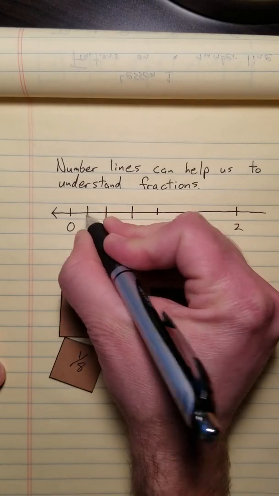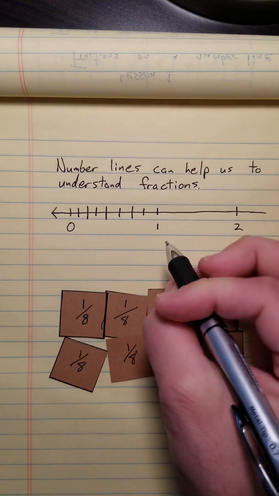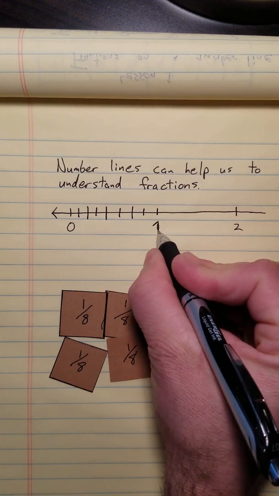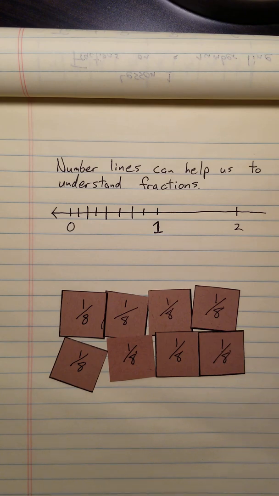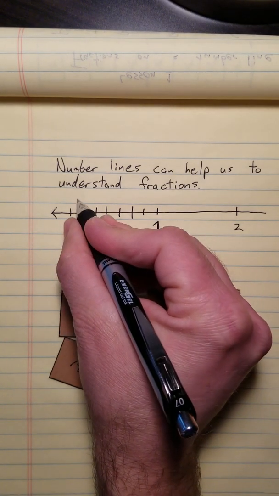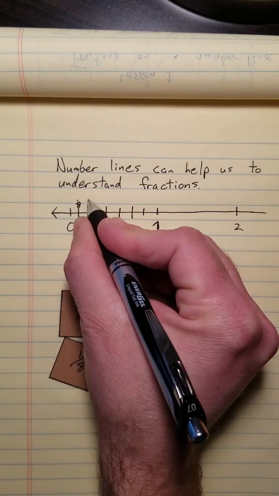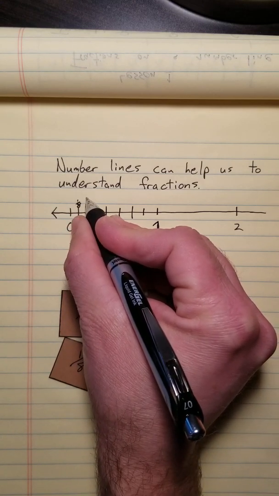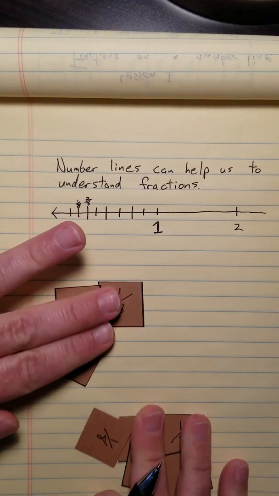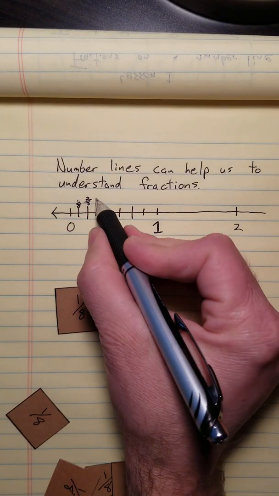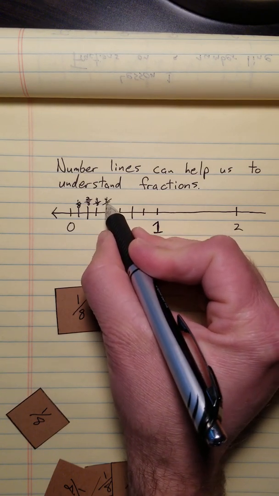Now, if I'm dividing this guy up into eighths, so this is equal to 1 chocolate bar, okay? So I've given my 1/8, right? 2/8, 3/8, 4/8.